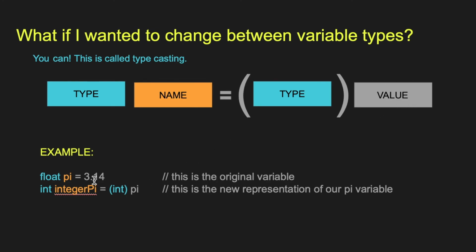So for example, pretend we made a variable for pi earlier, we called it a float, but now all of a sudden we want it to be an integer for some reason. So we're going to say int, because this is our new type we want it to be. Give it a new name, integerPi, whatever you want to call it, equals parentheses int. This is called casting, this little parentheses guy. And then you put whatever the value is. And the value just so happens to be a different variable. So the value is pi.